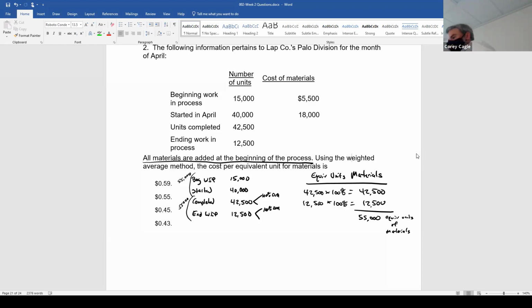Step 2, done. Half of it, half that we're able to work with. Step 3, cost per equivalent unit.